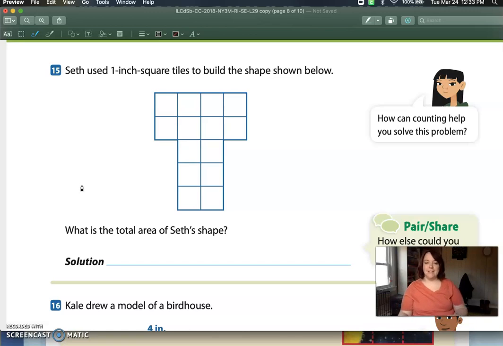All right. That might have been a little less than a minute, sorry, but I think this one's pretty easy. I think you got it.